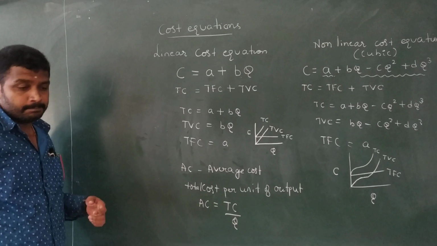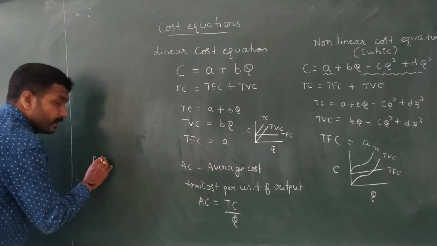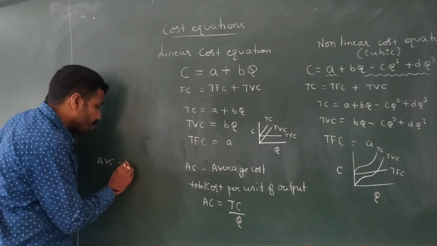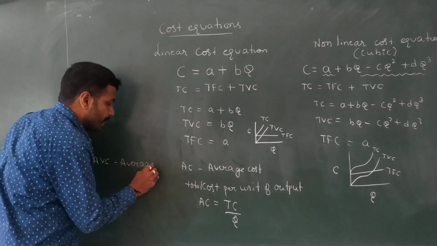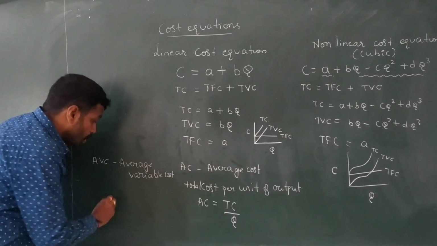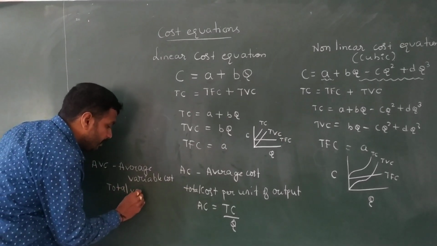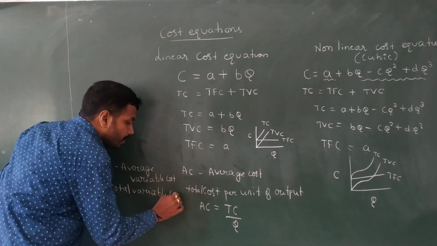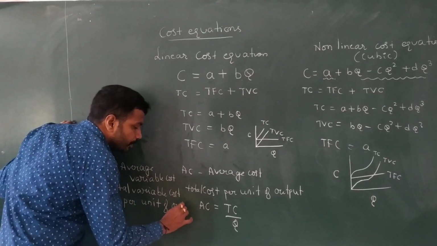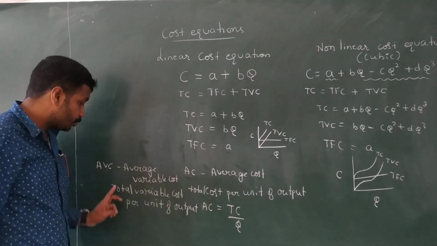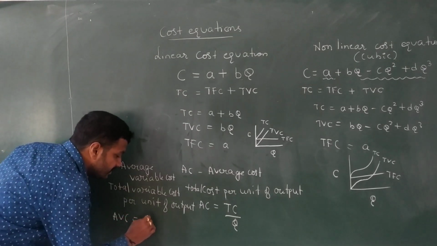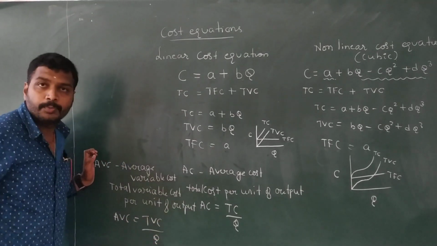Similarly, if we consider average variable cost, it is nothing but total variable cost per unit of output, such that the expression will be AVC = TVC/Q.